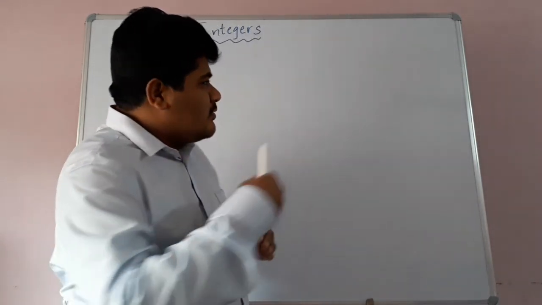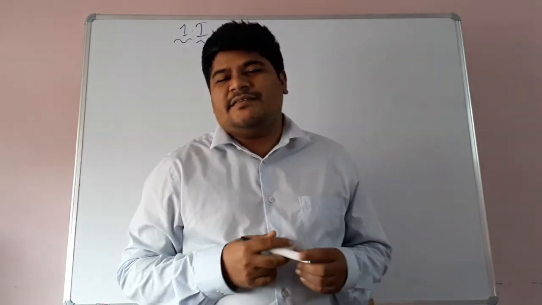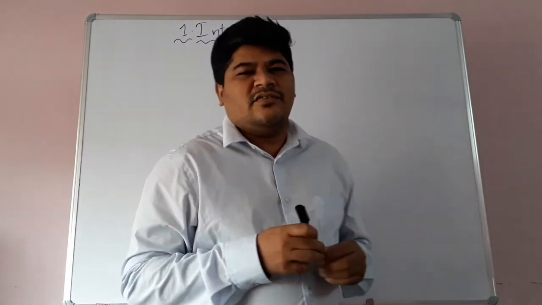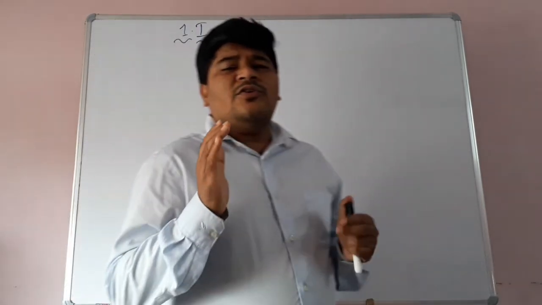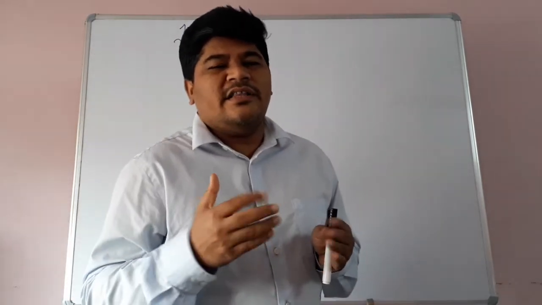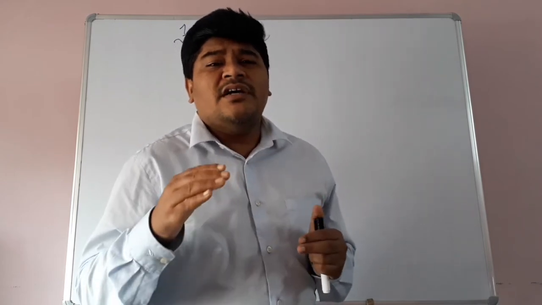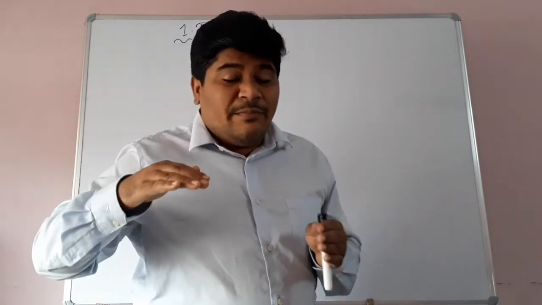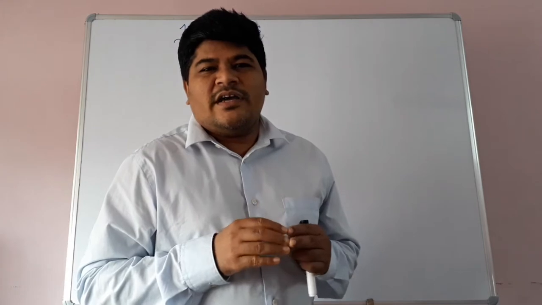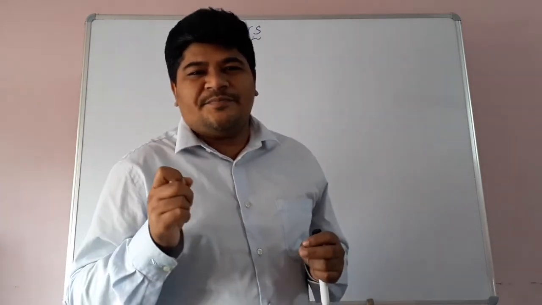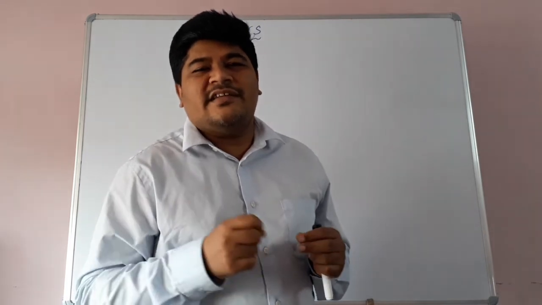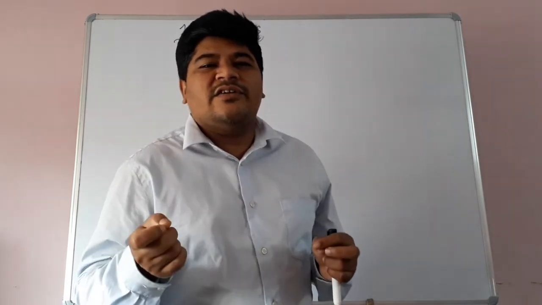The next number set is the integer set. Children, what is the need for integers? Suppose we go to any cold place, then we will feel very cold. Sometimes the temperature will be less than 0 degrees. Even in the newspaper we can see the temperature at the Siachen glacier is negative 5 degrees Celsius, negative 10 degrees Celsius.